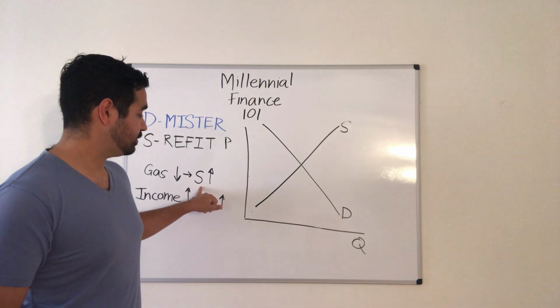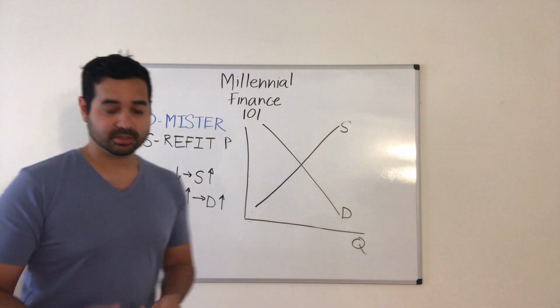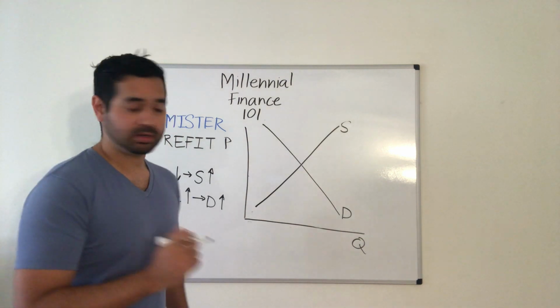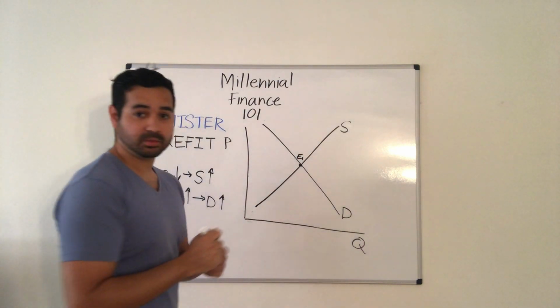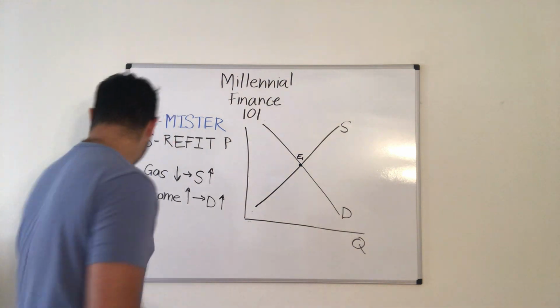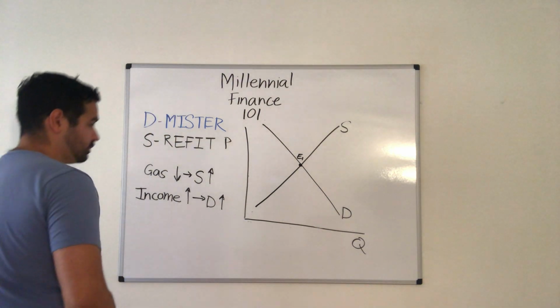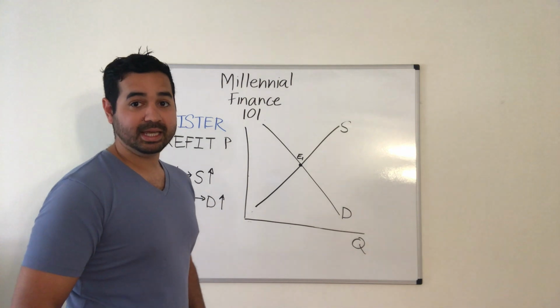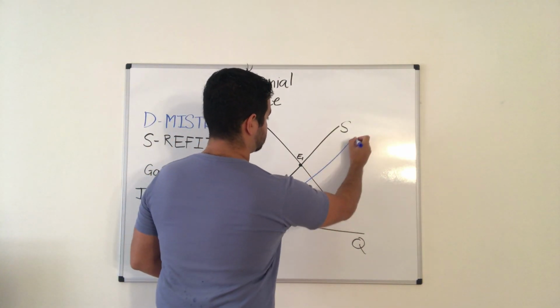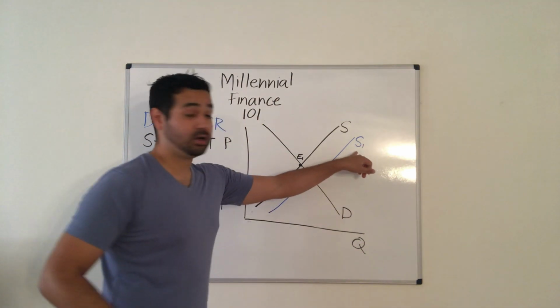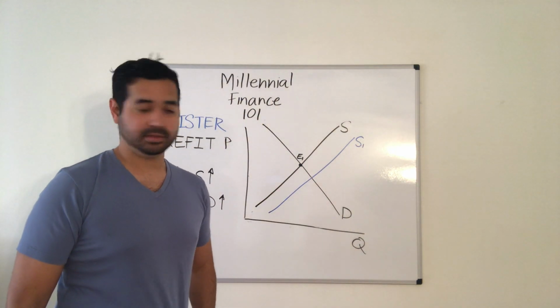So we know our supply curve is going to increase. So let me actually draw with a different color. So we're going to call this first point E1, and then we're going to switch colors so you can see the difference. Our supply curve is going to increase, right? So we're going to draw a new line right here. And I'm going to label our new supply curve S1.